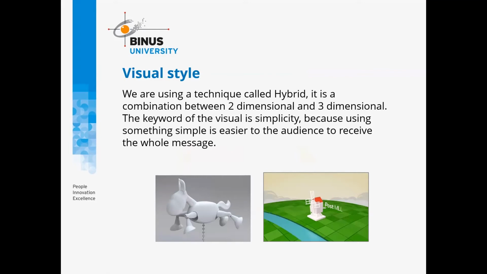For the visual style, we are using a technique called hybrid. It's a combination between two-dimensional and three-dimensional for the assets. The keyword for the visual is simplicity, because something simple is easier for the audience to receive the message.